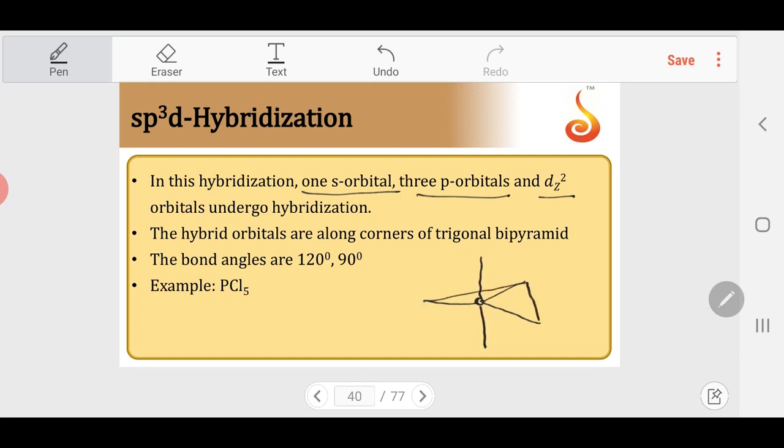So this is going to be trigonal bipyramidal, like this trigonal bipyramid structure. So along the trigonal plane bond angle is 120 and among the perpendicular one bond angle is 90 degrees. So there are two types of bond angle, 120 degree and 90 degree. Example is PCl5.